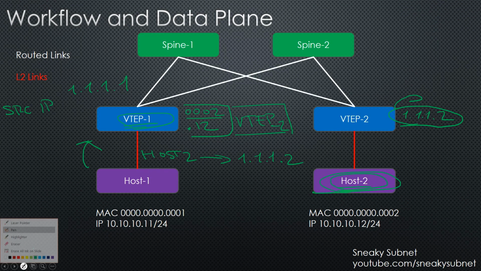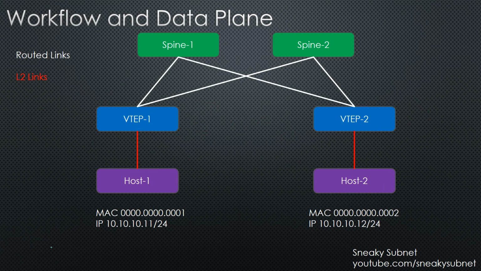So let me put it completely. We have our ICMP, then we have IP, then we have Ethernet. This is our original frame from host number 1. VTEP number 1 receives that frame. Based on the Ethernet header, it understands that it should forward it to VTEP number 2 with IP 1.1.1.2.